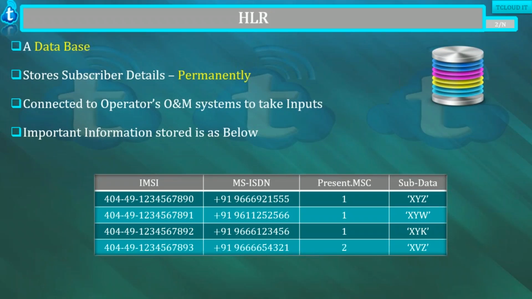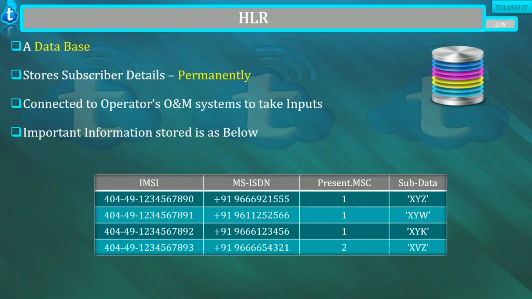That is your present MSC, because HLR always maintains that information, that mobile is presently under which MSC, followed by something called subscriber data, the subscriber subscription information, like what kind of services that particular user has subscribed for. That kind of details would be present in HLR.